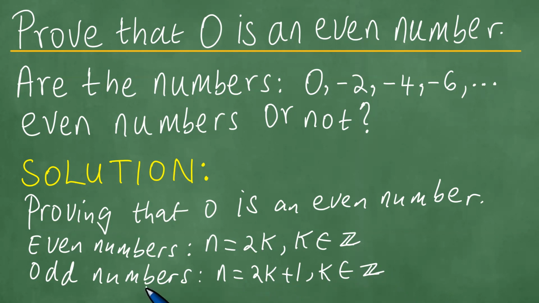Okay, now, what do we do? And how do we proceed from here? Right, in proving that 0 is an even number, we proceed as follows.